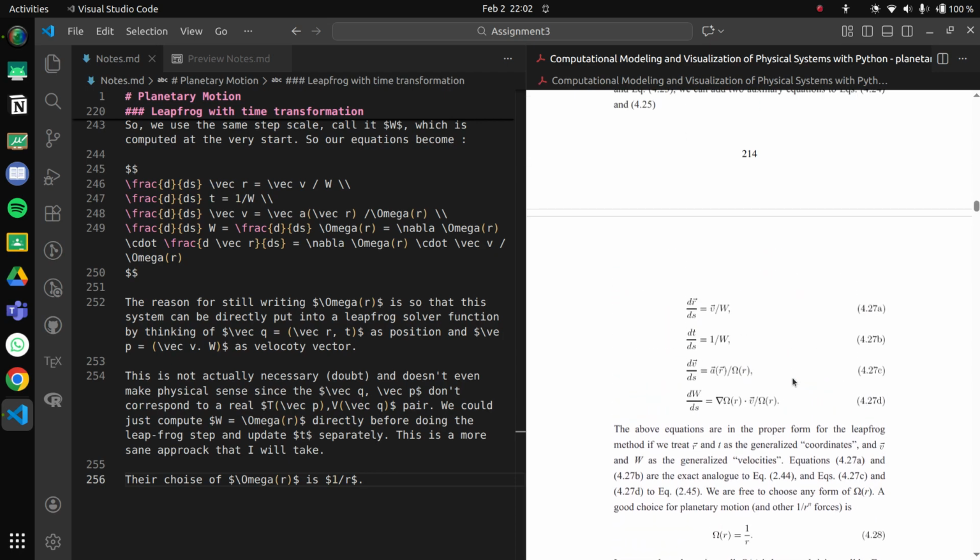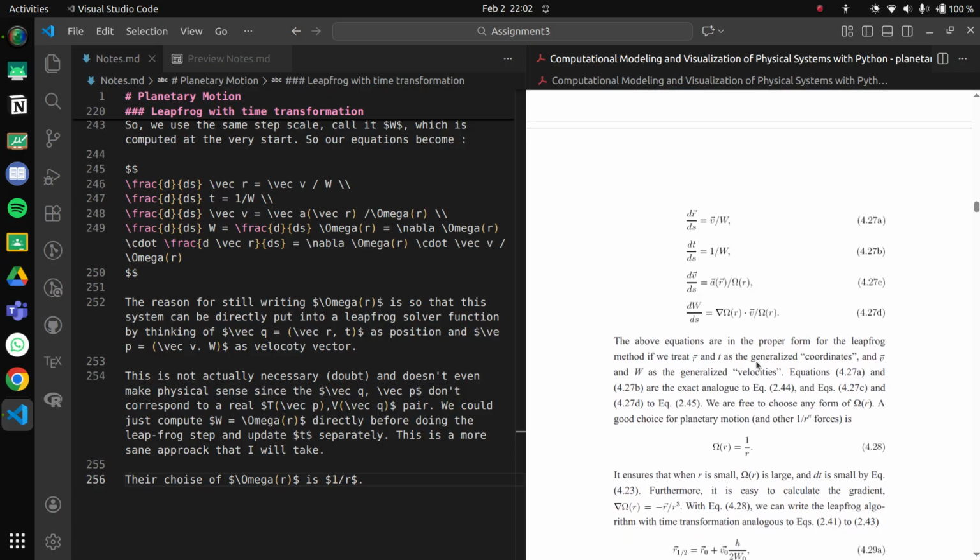If you're thinking of the Hamiltonian system where s is representing a time in a sense, and these are our velocities, your v vector and w, right? I'm guessing that's what we're trying to do. Then this thing is absolutely insane. What even is this? No, it doesn't make any sense.